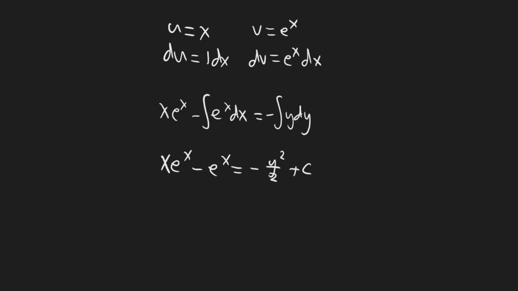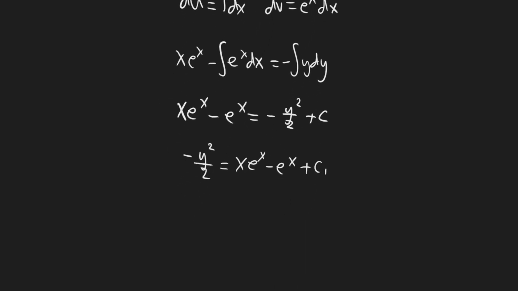So first off, I'll subtract c to the left side, which will give us a negative c, but I'll define negative c as equal to c1. So negative y squared over 2 equals x e to the x minus e to the x minus c, but let's define minus c as c1.